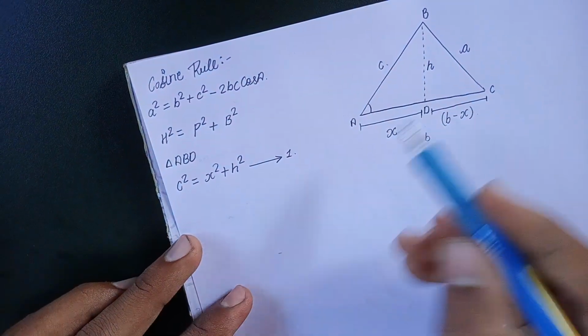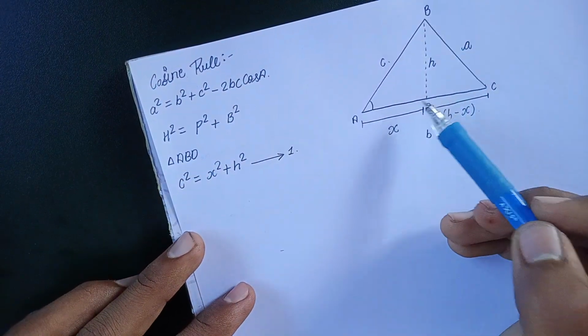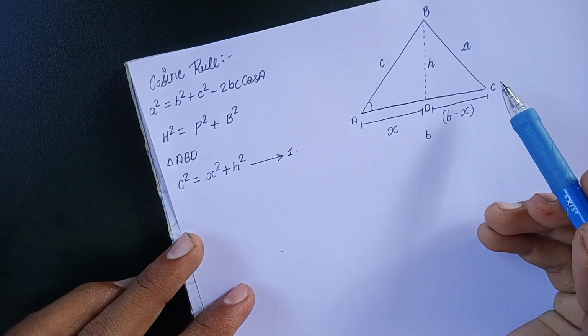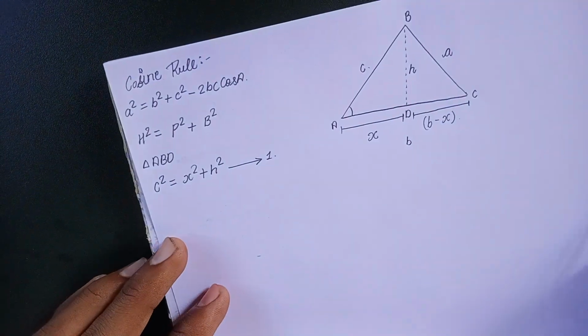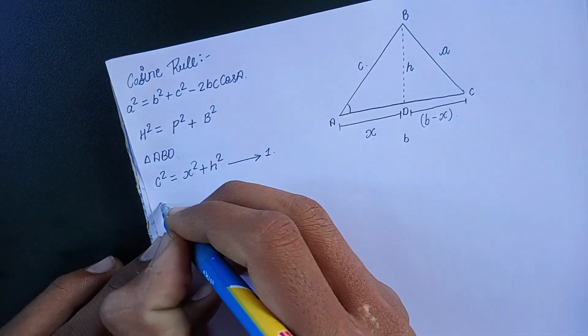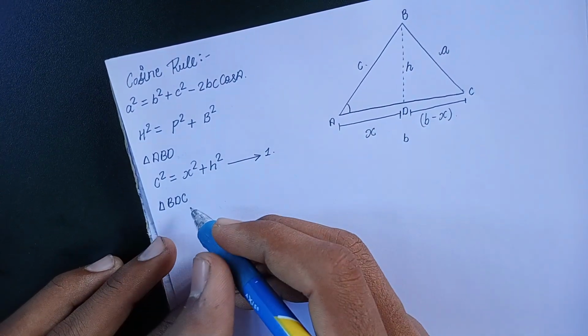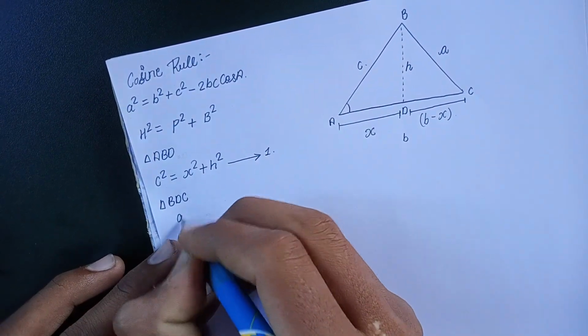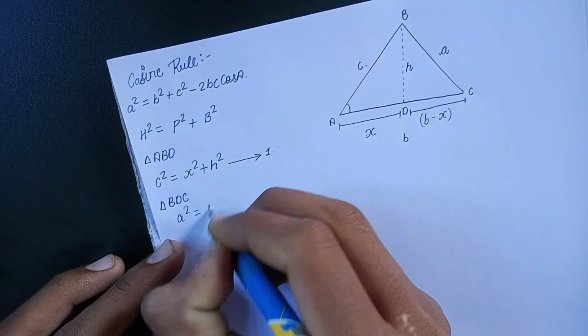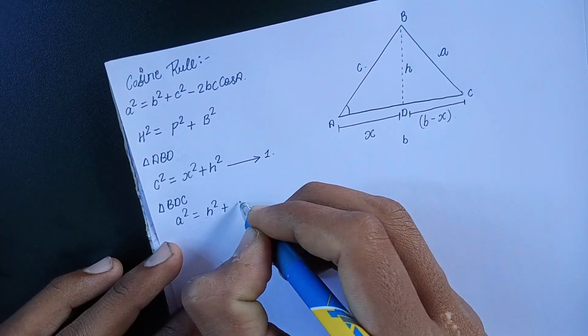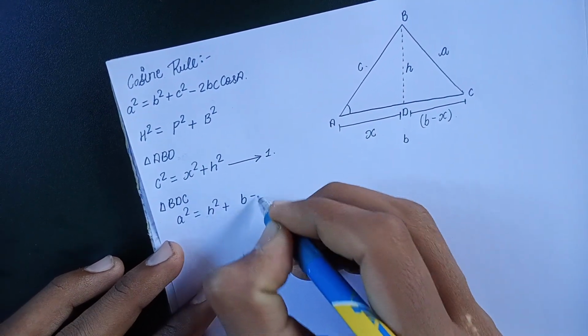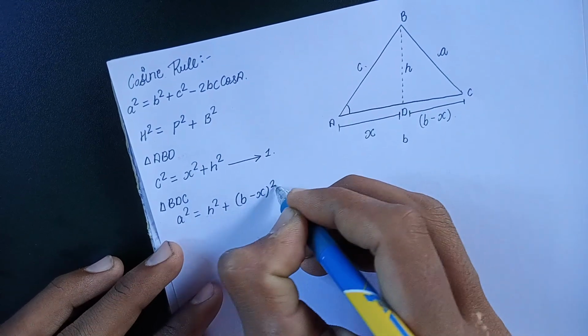Now we have the other triangle BDC. If we apply the Pythagoras theorem also in this triangle BDC, the square of a is going to equal h square plus b minus x whole square.